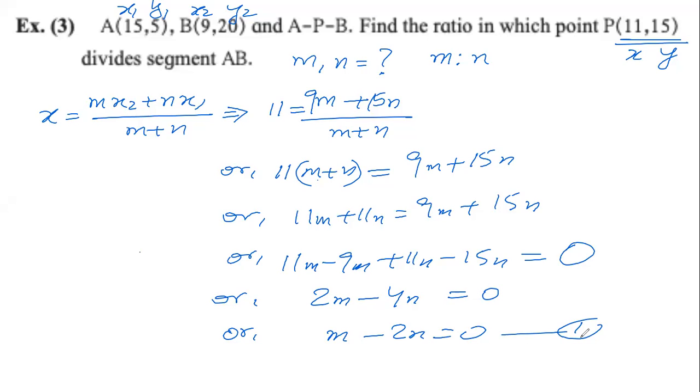Look at the solution in the textbook. See if you are able to find. This is one way. Write the equation for the y formula and tell me what you are getting.